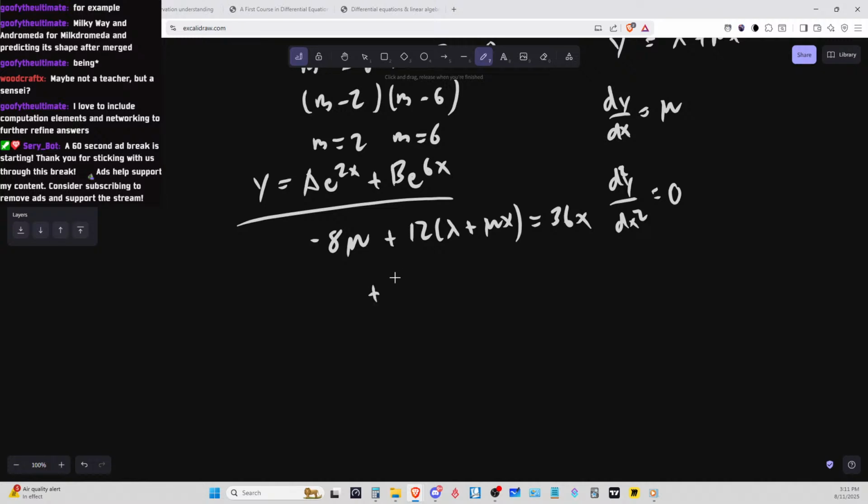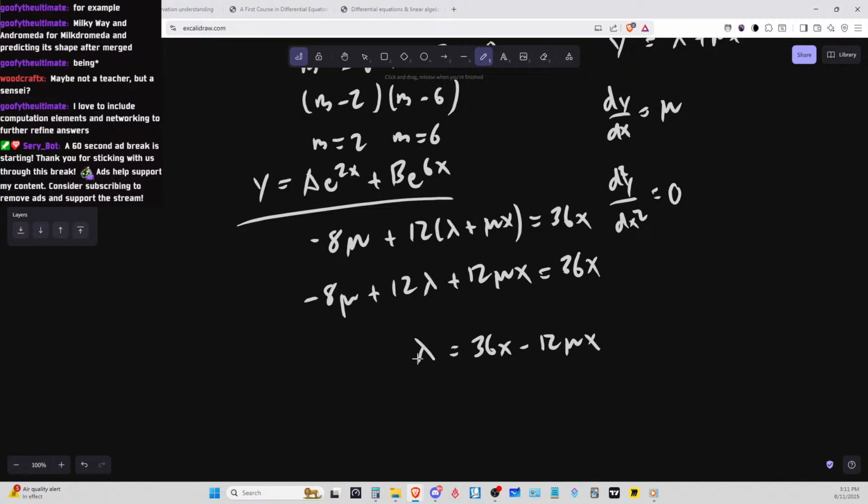Now we're just going to have 12 lambda plus 12 mu x, and then mu here, then 6, like so. And now we're going to do 36x minus 12 mu x.